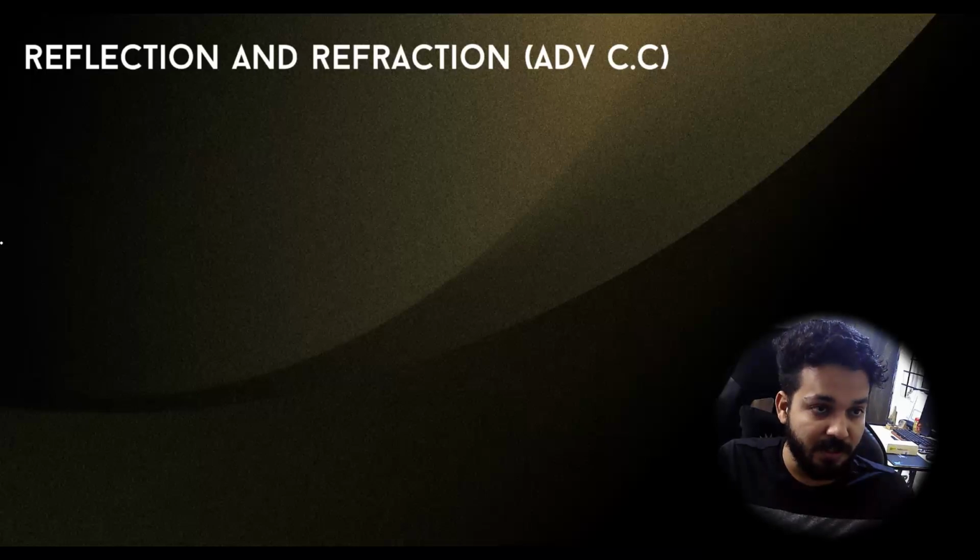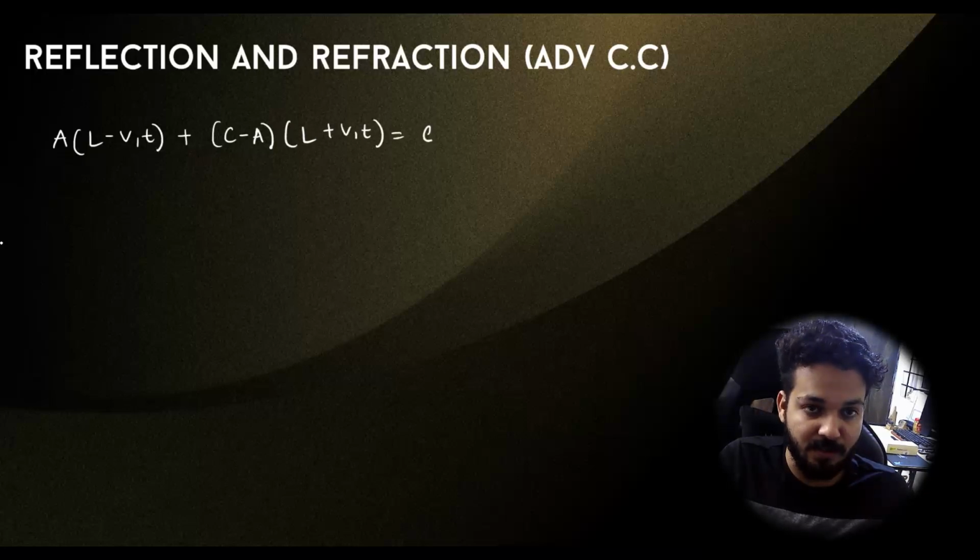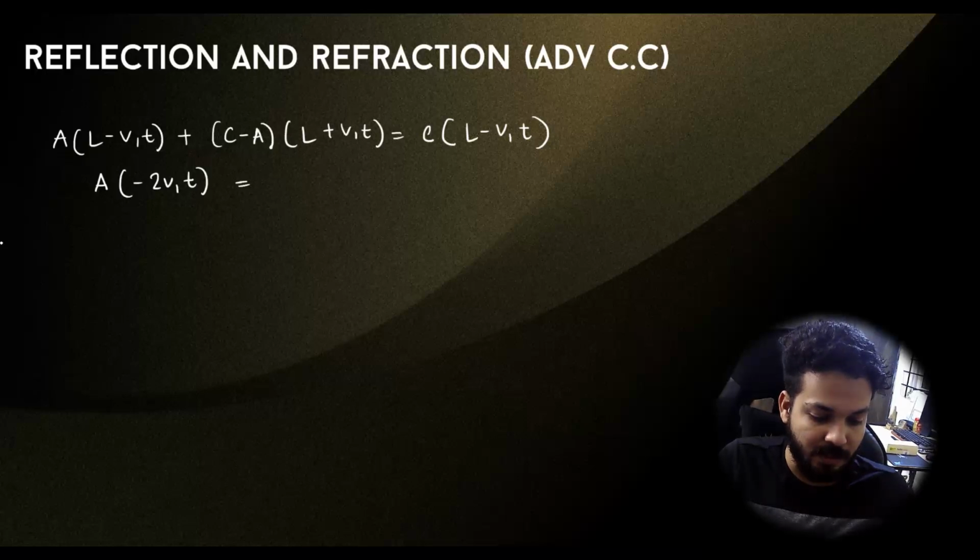So what we're going to do here is a (L − v1t) plus, in place of b, I'm going to write (c − a)(L + v1t), and this equals c (L − v1t). Now if I rearrange the terms here, I'll get a(−2v1t) = c(−v1 − v2)t.